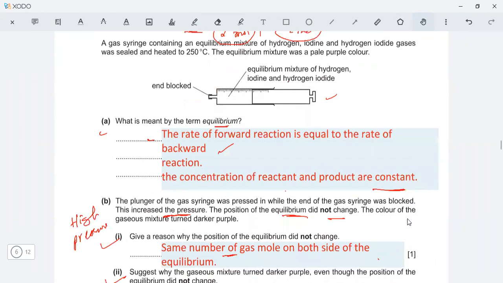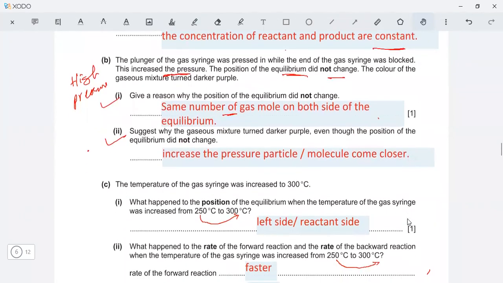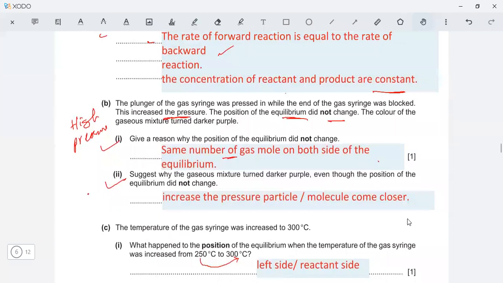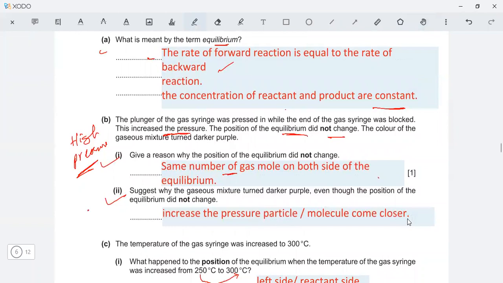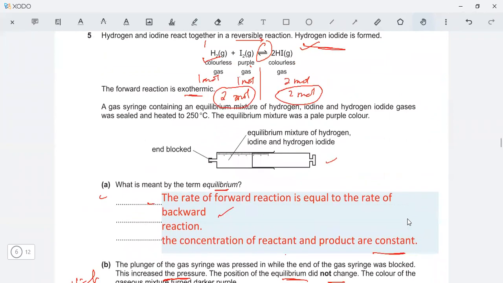Okay, so I was talking about, here they're talking about high pressure. Why the gaseous mixture turned darker purple, even though the position of equilibrium did not change. So the reaction happened as here the condition is that the pressure is increased. They are talking about high pressure. When you increase the pressure, what happens?